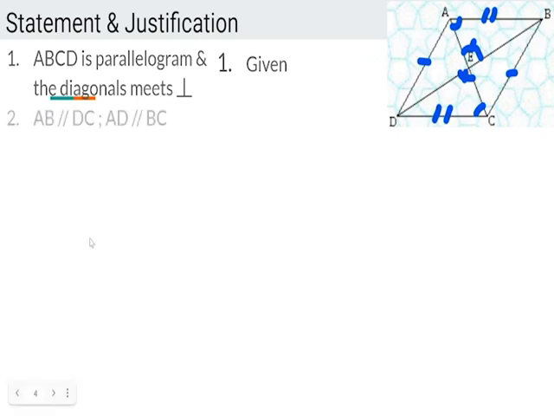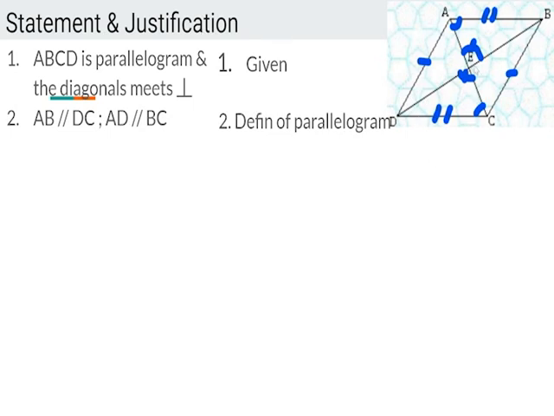All right. Next step. AB is parallel to DC and AD is parallel to BC. Why is that? It's the definition of parallelogram. Step 2 is the definition of parallelogram, because the definition states that the top of any parallelogram is parallel to the bottom.